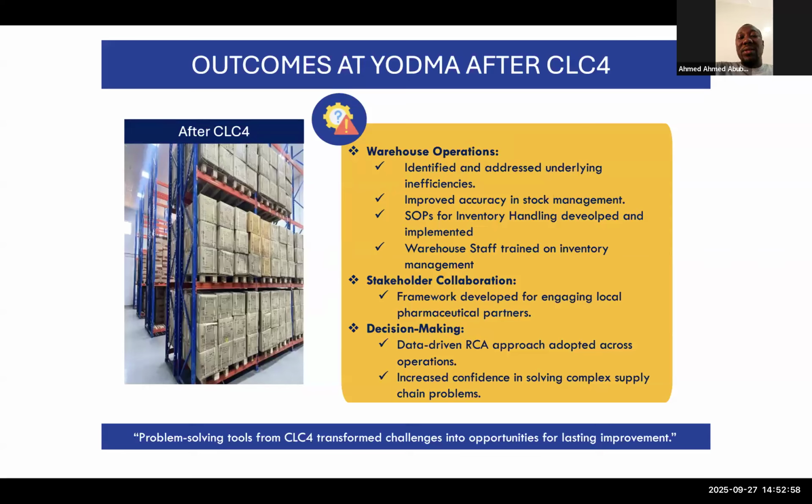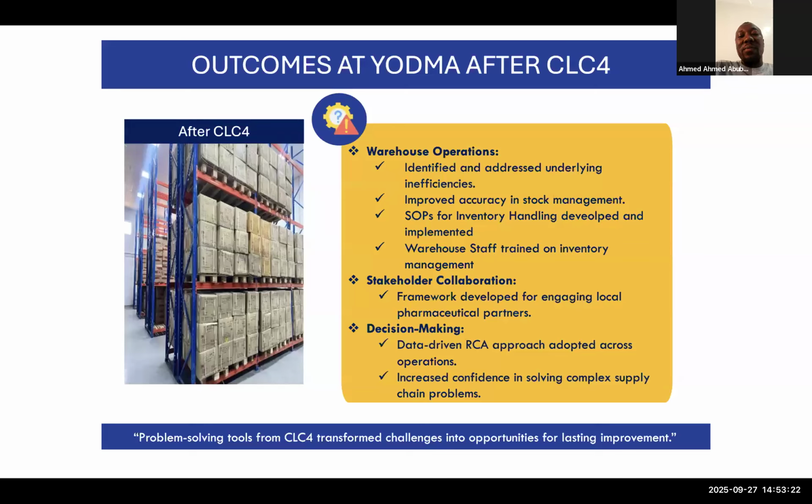And the course has actually improved the inventory accuracy at the warehouse. And based on the recommendation, the staff were now trained, and they are now well equipped with the knowledge on how to manage the inventory.